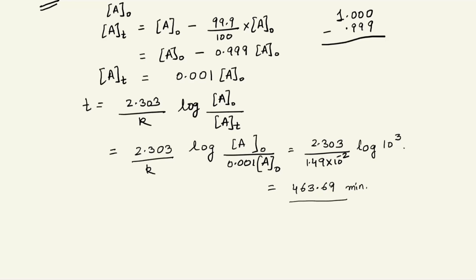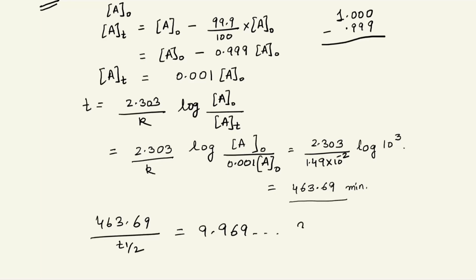If I divide this 463.69 by the half-life, this comes to 9.969 and so on. Yes, I am doing it on the calculator, but it is very simple to do purely by division as well.